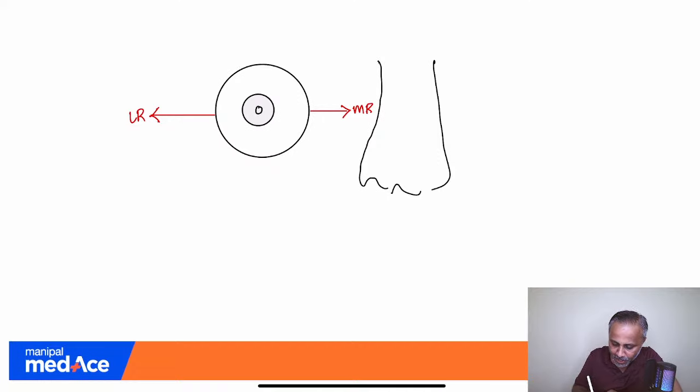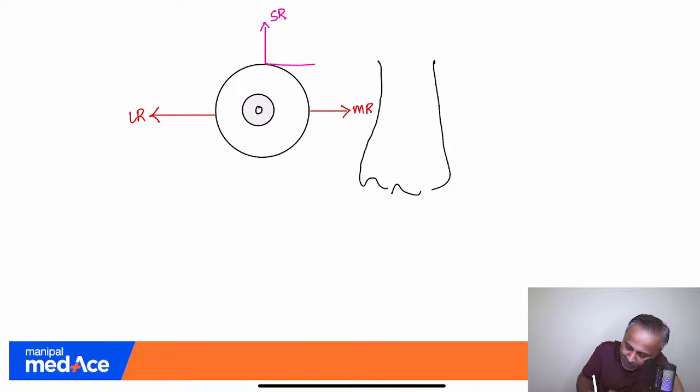Okay. Now once we have learnt about medial rectus and lateral rectus, let's talk about the superior and inferior rectus. So let's imagine this is the superior rectus. So what is the action of superior rectus? Superior rectus elevates the eyeball. But apart from this action, it also has the following actions. What are they?